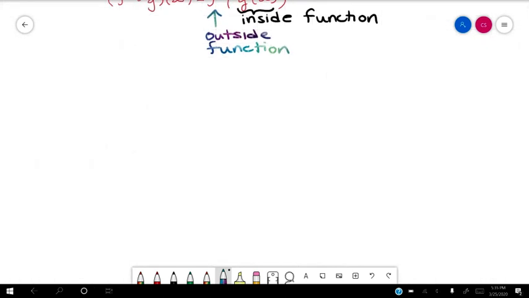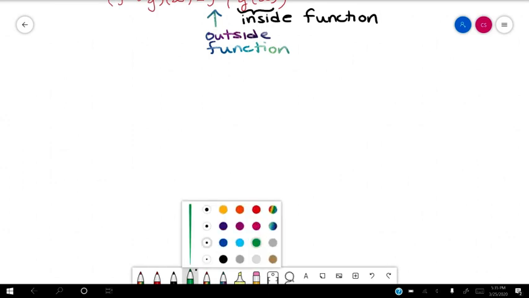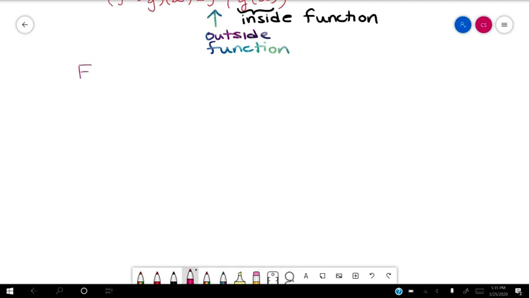All right, so let's consider the following. Let's say we have F of x, and I'm using capital F because it's a composite function, and we're looking at x squared plus 1, all cubed. My question is, what's the outside function and what's the inside function? Well, the outside function is we're taking something and we're cubing it.